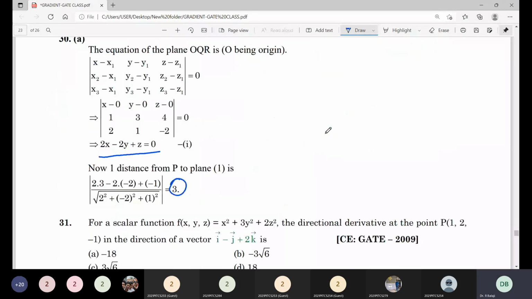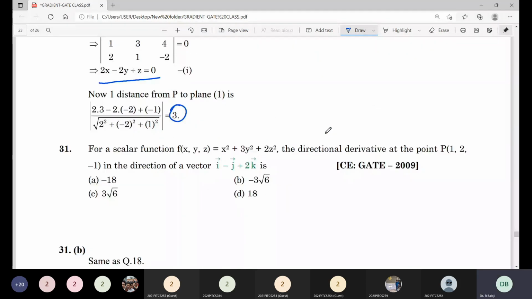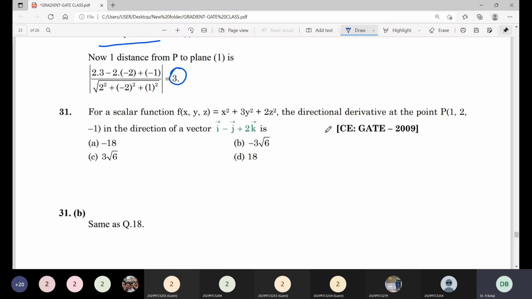Now, the scalar function f of x comma y comma z is equal to x square plus 3y square plus 2z square. The directional derivative at the point P of 1 comma 2 comma minus 1 in the direction of the vector i minus j plus 2k is, the same as in the 18th question.